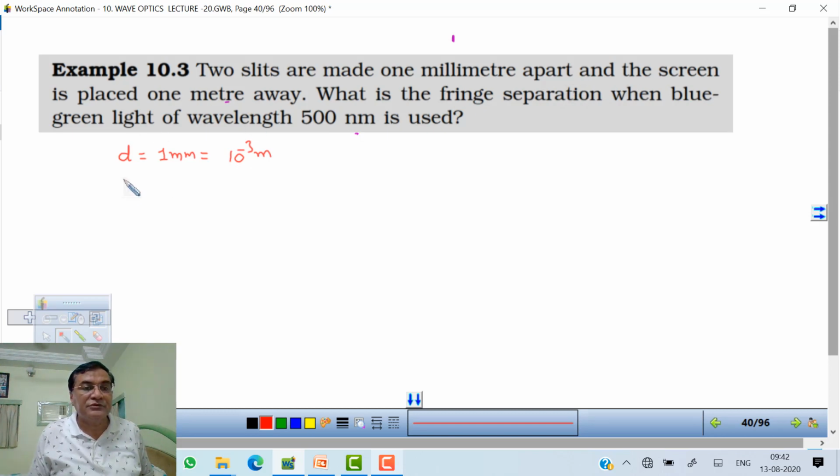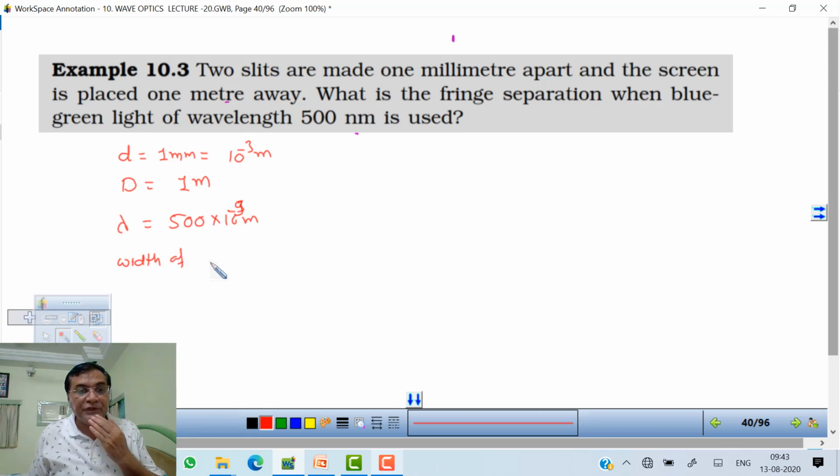Placed at 1 meter. So distance D is equal to 1 meter. What is the fringe separation when blue-green light is incident? So wavelength is equal to 500 nanometer. I convert into meter, 10⁻⁹. So what is the width of the fringe?